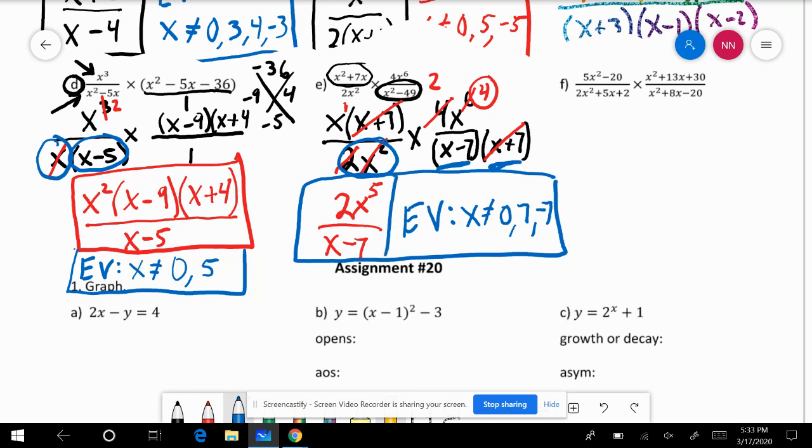Now, looking at our last problem, letter F. This one right here, we see that they both have a 5 in common, and that gives us x squared minus 4. Now, x squared minus 4 is a special factoring pattern. So when we factor it, what we get is 5, x minus 2, x plus 2. This one right here is a little difficult because we have those two numbers.